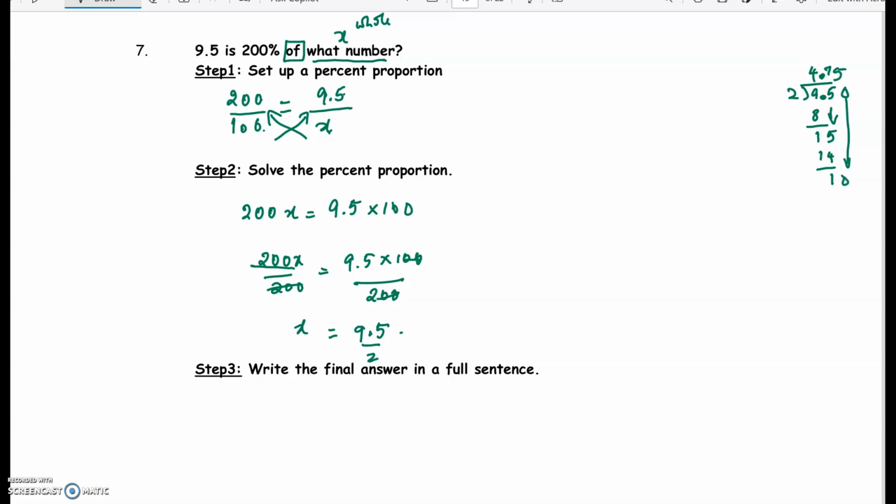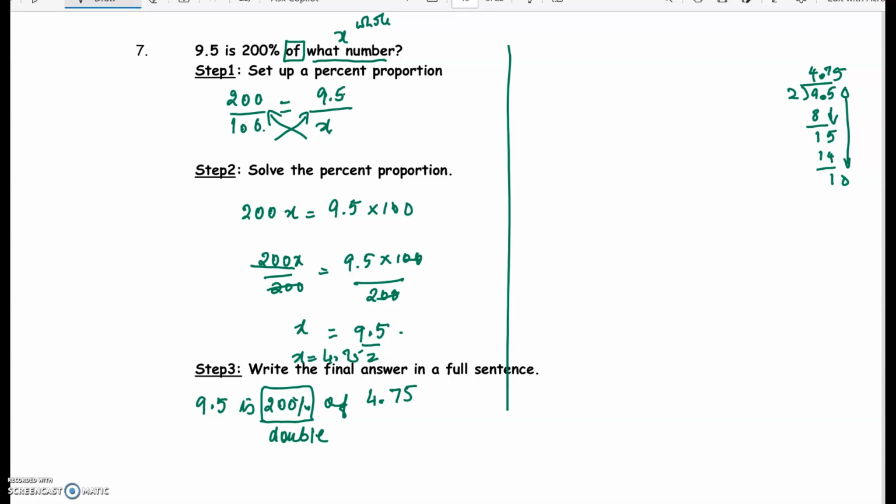So x is equal to 4.75. So 9.5 is 200% of 4.75. It's like saying 200% is the same as double. 9.5 is double of 4.75, which means if you multiply 4.75 by 2, you get 9.5.